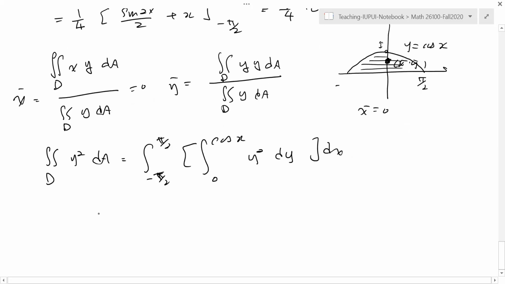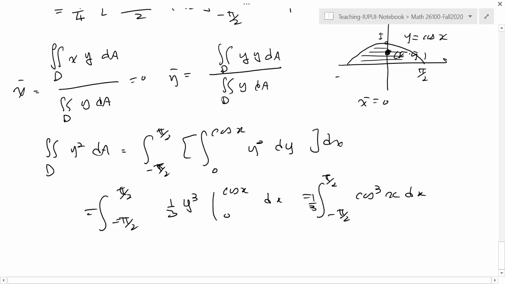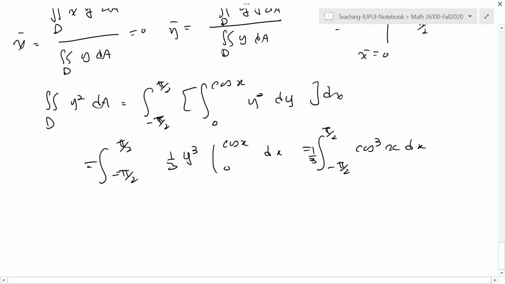So now you get 1/3 of y cubed. Okay, you end up with the integral of 1/3, from negative pi over 2 to positive pi over 2, of cosine cubed x. All right, do you still remember how to evaluate the cosine cubed x?